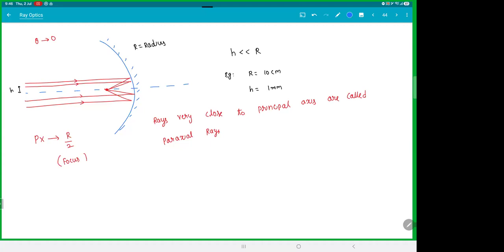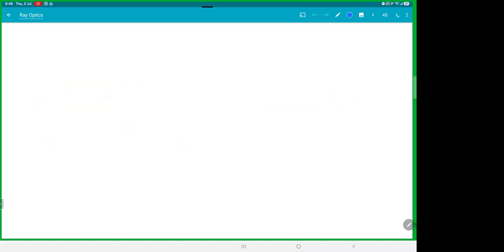Come on, everyone. Let's start off. The sign convention. This we will follow for everything: lenses, mirrors. There are two types of sign convention.